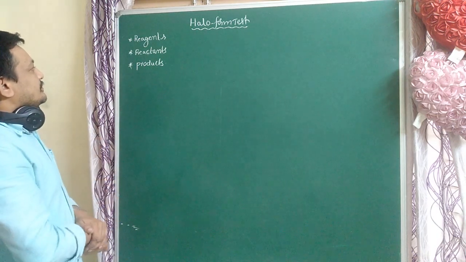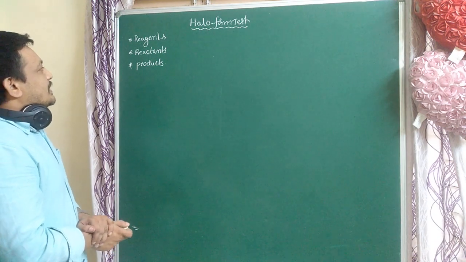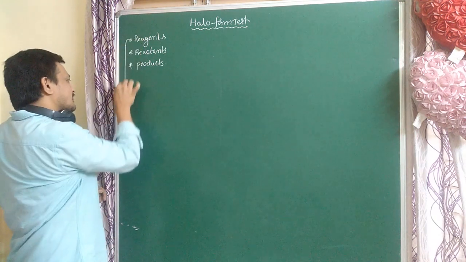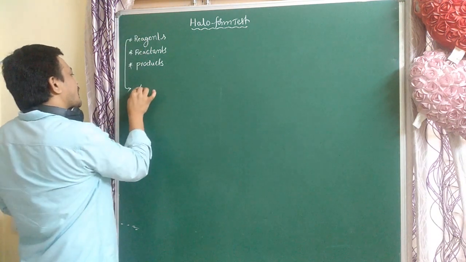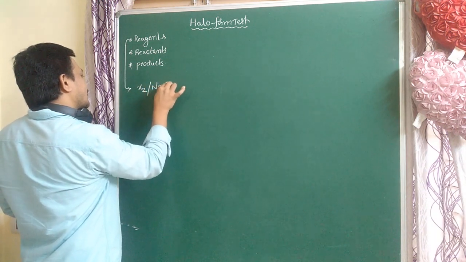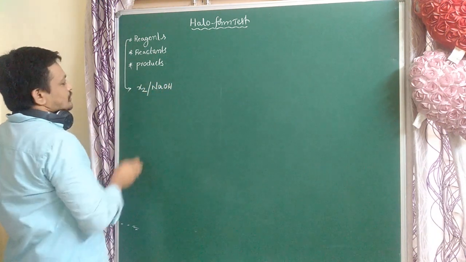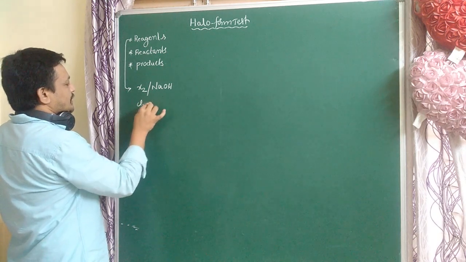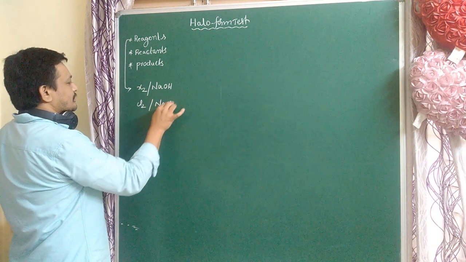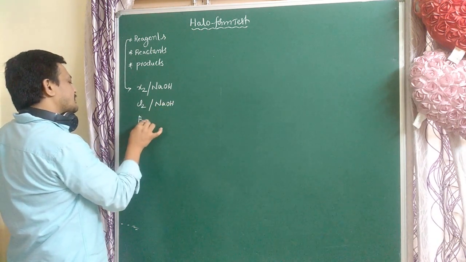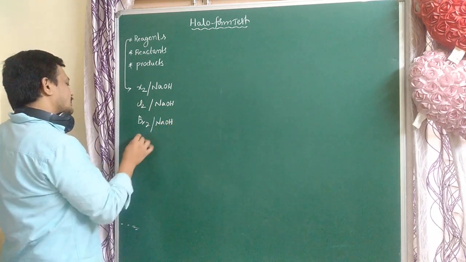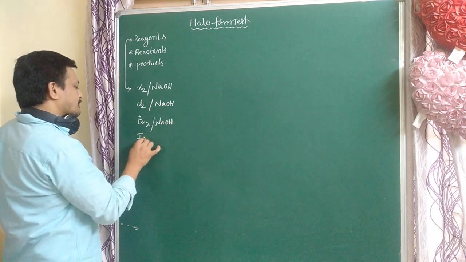Okay students. What are the reagents involved in these reactions? Halogens and bases are involved in these reactions. So Cl2 plus base, Br2 plus base, and I2 plus base.